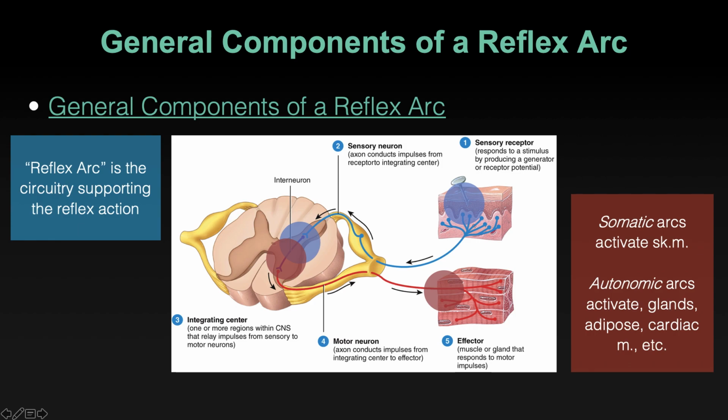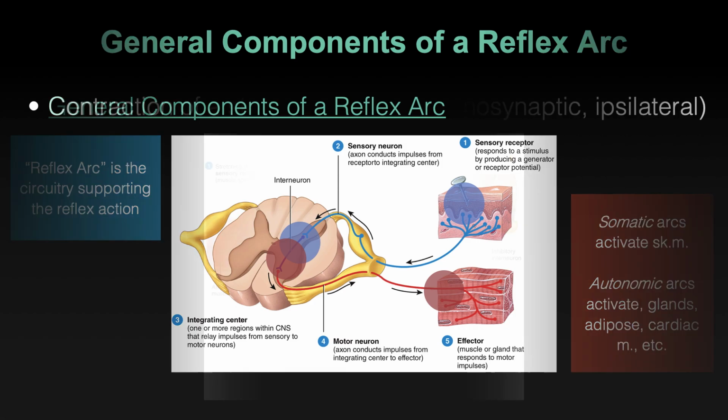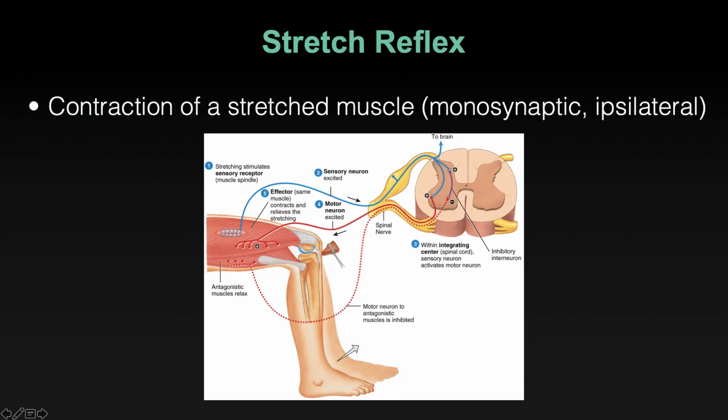Let's look at a couple types, which you've done in lab this week, or you will do in lab this week. And even if you haven't been to lab, you've seen this example of a reflex, the stretch reflex. The tendon tap reflex that you've had done to you in the doctor's office when you were a kid.